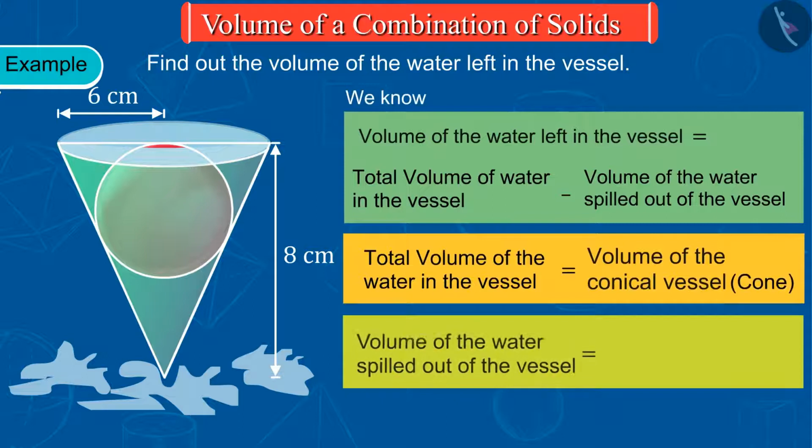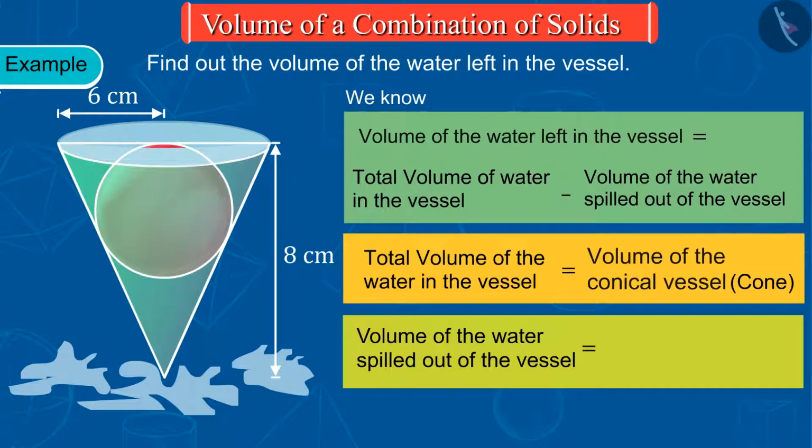And the volume of the water spilled out of the vessel will be equal to the volume of the ball, that is, the sphere. Because the ball spills out as much water as space it occupies.